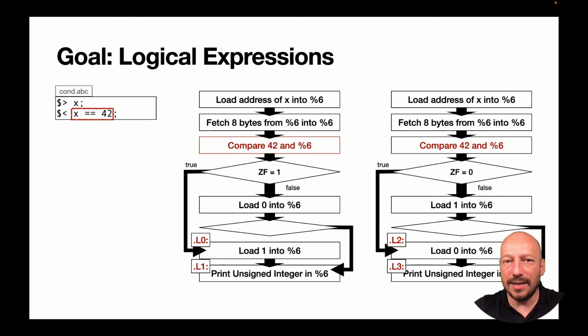Then we also should hide the details of the status flags. There should be one function for generating a jump instruction that jumps forward if equality is true, and it also should be possible to jump forward if equality is false, if we have an inequality. And then, of course, it also should be possible to generate an unconditional jump instruction to a label.